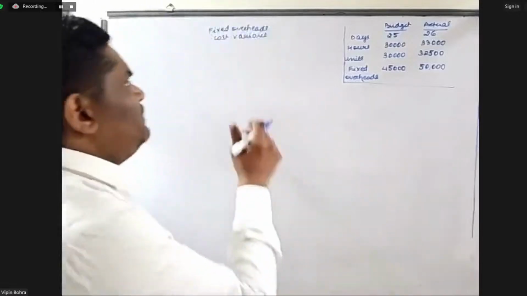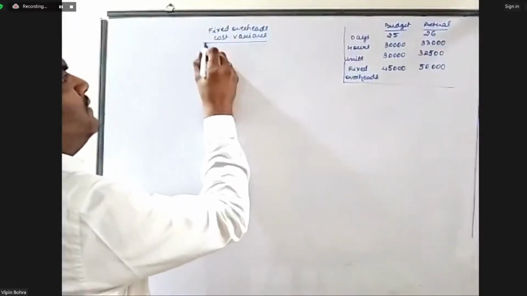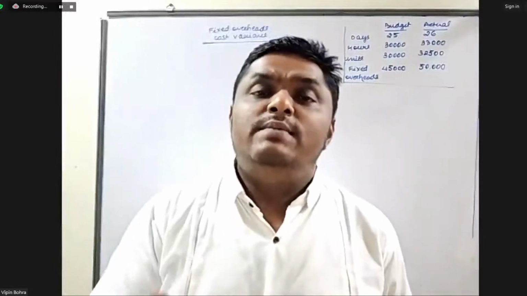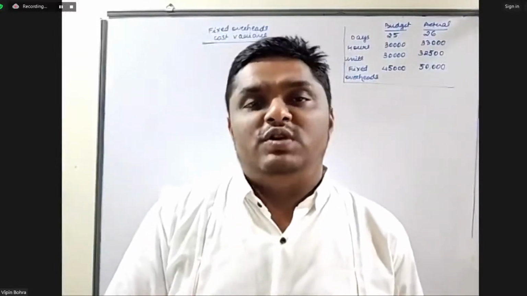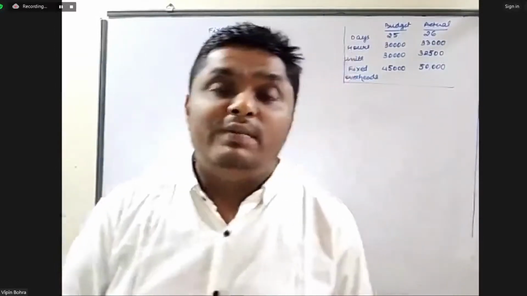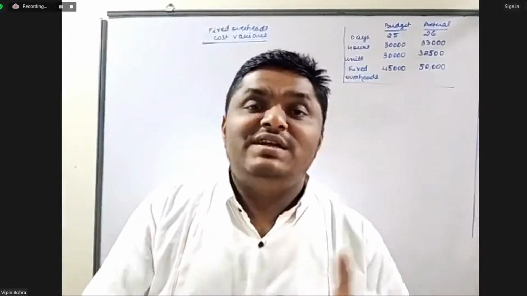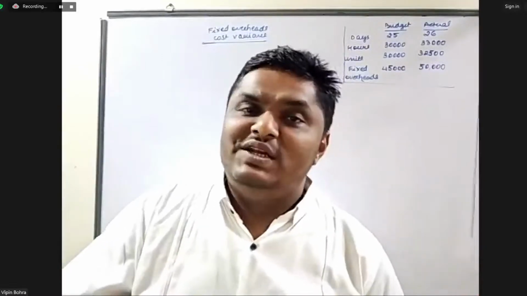So now let's start with fixed overhead cost variance. This fixed overhead cost variance is nothing but under or over absorption of overhead. In under or over absorption of overhead, we first calculate the absorption rate. Let's refresh the concepts we discussed in overhead.